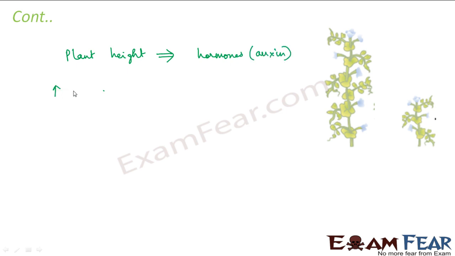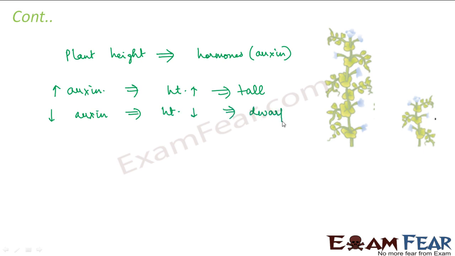If there are more auxins present in the plant, what will happen? The height will be more and the plant will be tall. Now if the amount of auxin present in the plant is very less, in that case the height will be less and this will result in a dwarf plant.